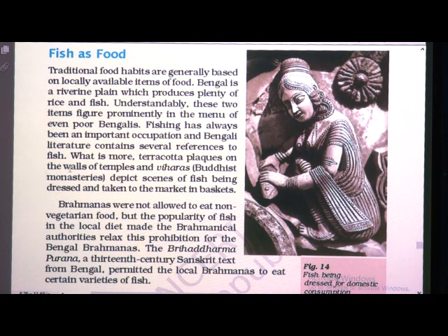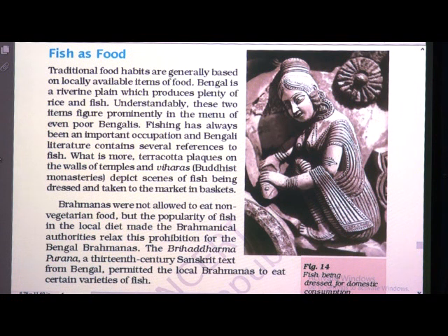Fishing has always been an important occupation and Bengali literature contains several references to fish. What is more, terracotta plaques on the walls of temples and the viharas, that is Buddhist monasteries, depict scenes of fish being dressed and taken to the market in baskets.